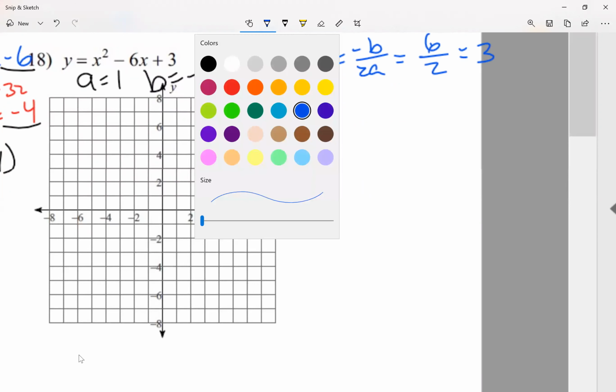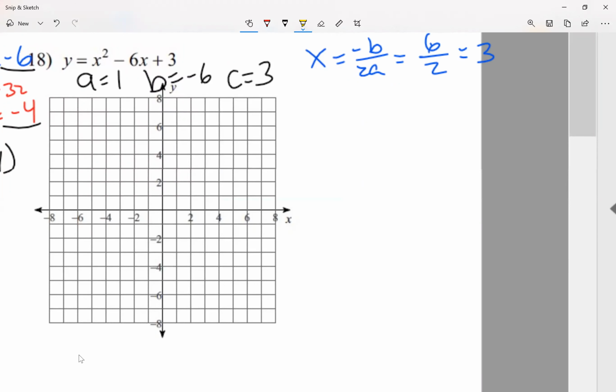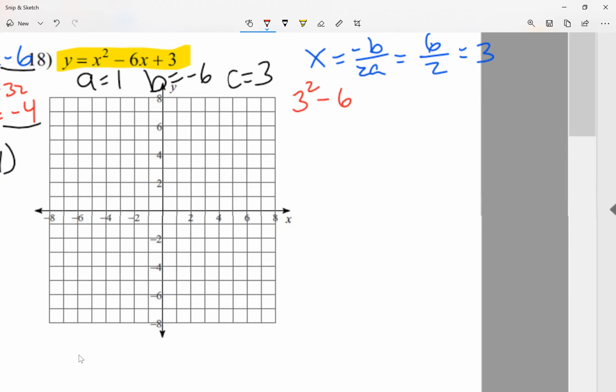Now for my y value, I'm going to use the equation. For space purpose, let me just use the information after the equal sign. So I have 3 squared minus 6 times 3 plus 3. So I have 9 minus 18 plus 3.